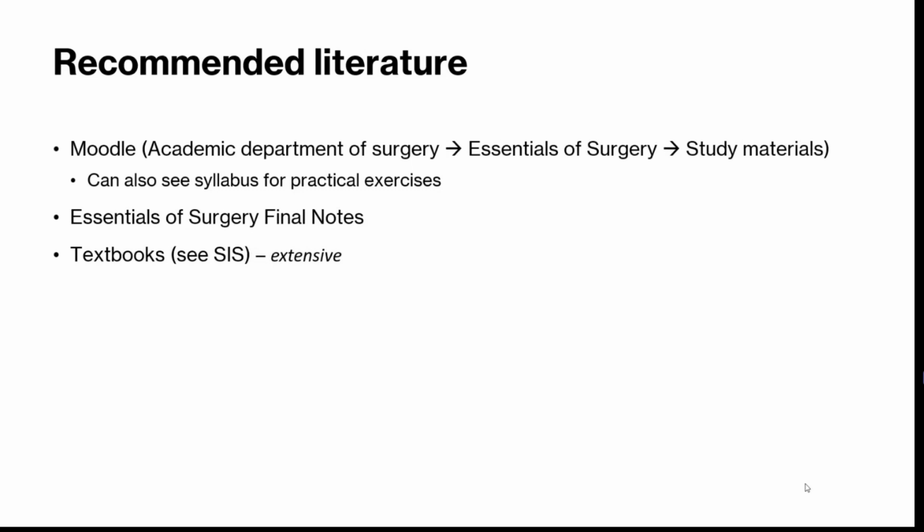Then you also have the Essentials of Surgery final notes that are available to you in your Google Drive, and it's not really, again, of the utmost importance to go through it now. It is best if you go through it at least for the winter semester final exam. And also there are some textbook recommendations by the department for which you can see the student information system.